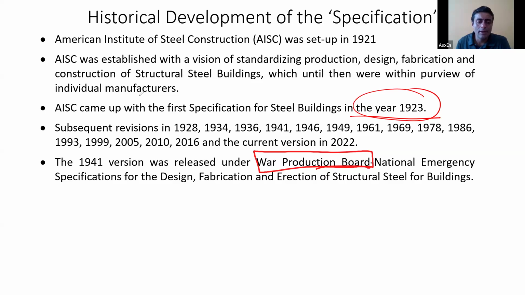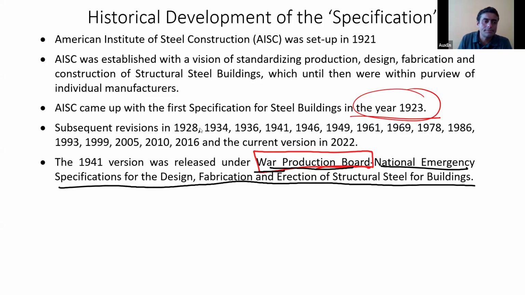So the overall steel manufacturing and steel usage increased many times during the war years. So the 1941 version was released under the War Production Board, and then there was this national emergency specification for design, fabrication, and erection of structural steel for buildings.